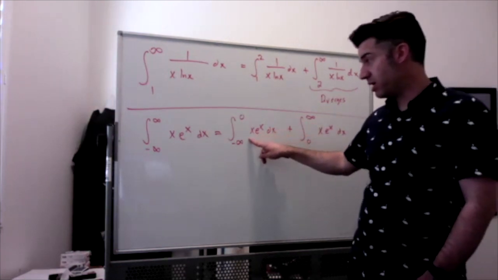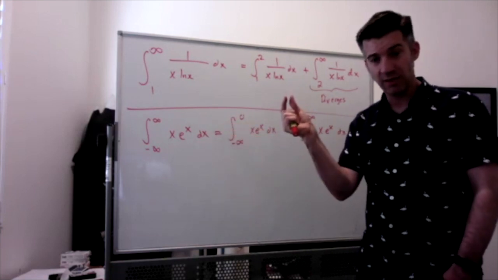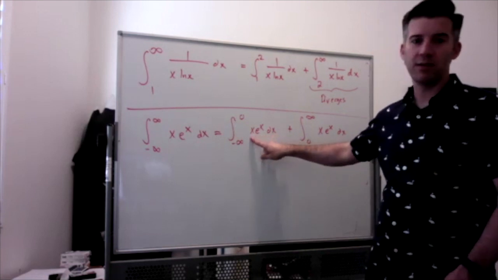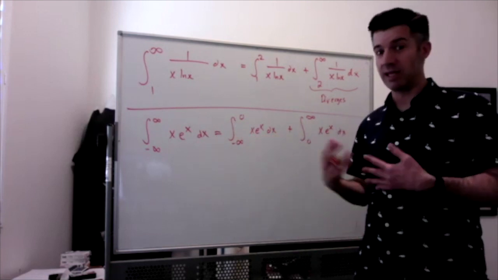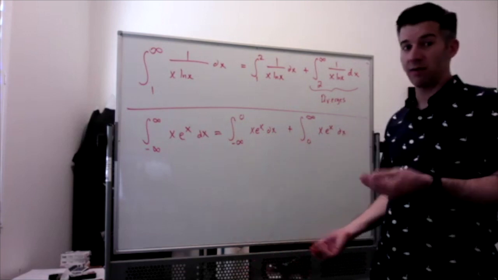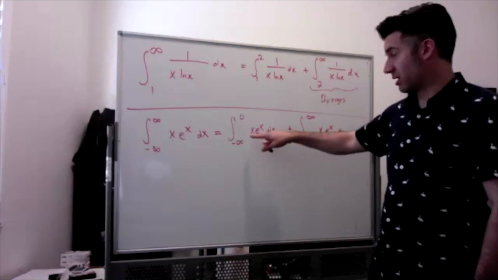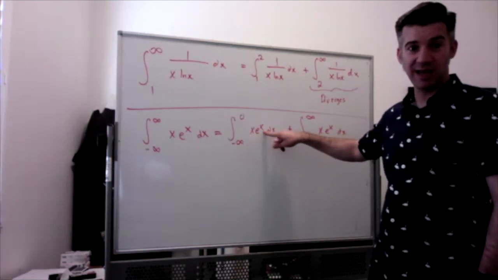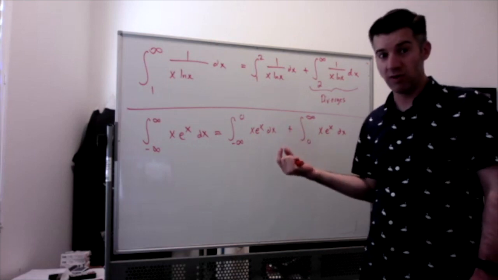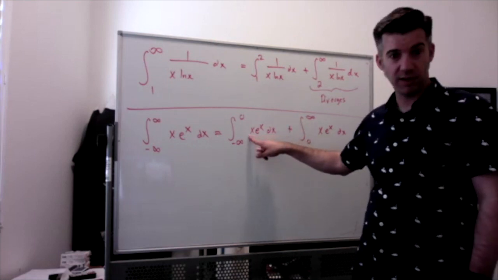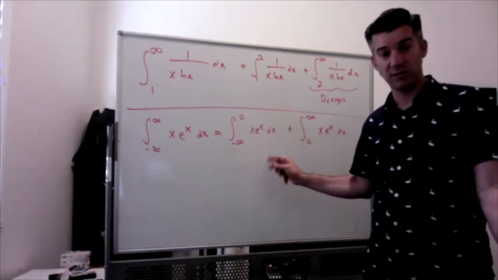On the other hand, this same function, as you go way to the left, is going to get super tiny. By tiny, I mean close to 0. I'm not saying it's going to get really negatively large. You get negative infinity for x, but e to the negative infinity is 1 over e to the infinity, which is a super small number. It's going to overpower that big number there. So this is getting really small, and this one probably has a chance of converging.